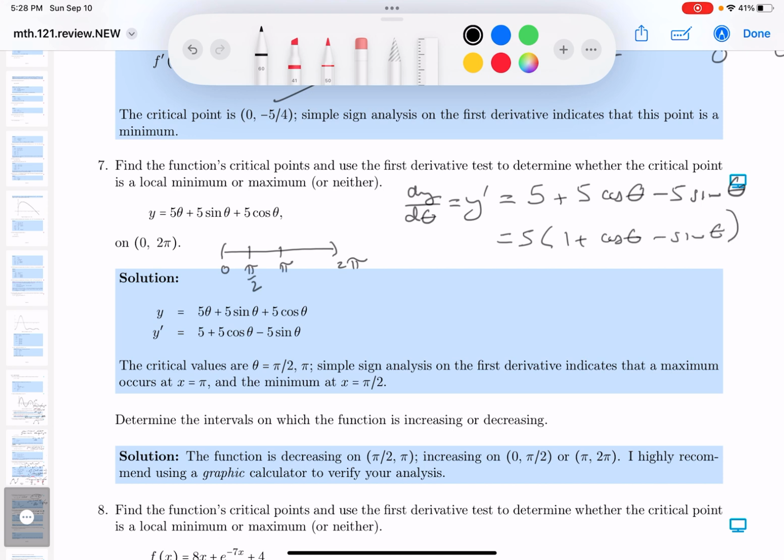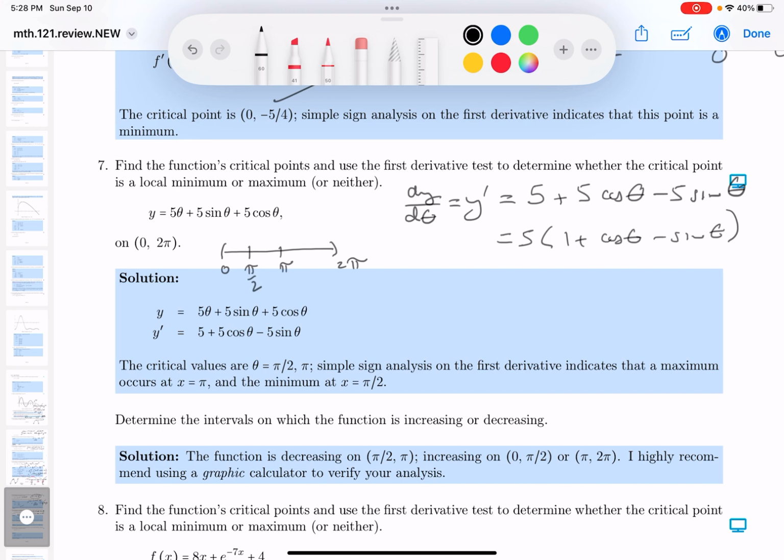And I'm going to start, maybe taking values between 0 and pi over 2. And a good value there is something I can handle. And I'm going to say, if I took a number a little bit after 0, the cosine would be roughly 1, and the sine would be roughly 0.